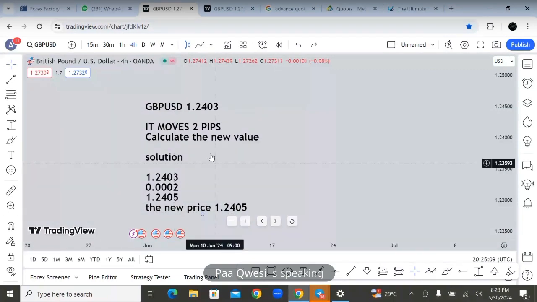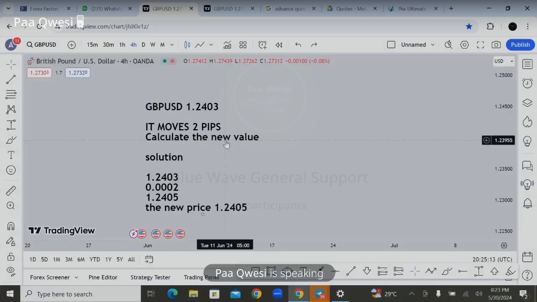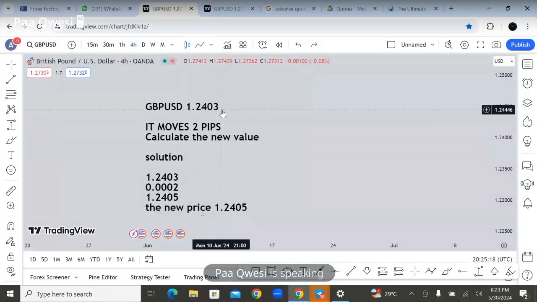I was saying pips are calculated on the fourth decimal place. So let's say GBP USD, if I've given you a signal and I said GBP USD has moved 2 pips, you are going to add 2 to the fourth decimal place.